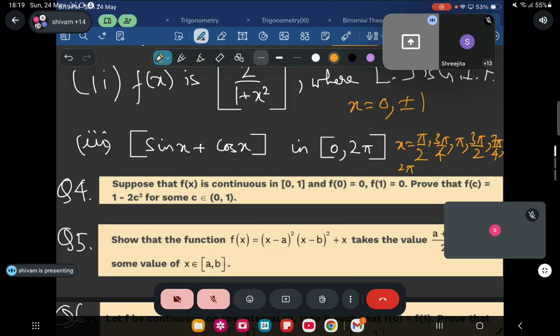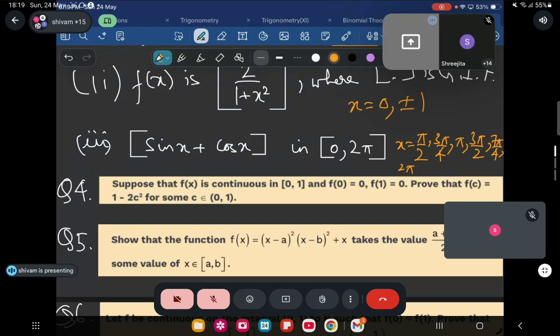Tell me, anyone having any doubt? You can ask me. No? Can you show 3 pi by 4 and 7 pi by 4 values?